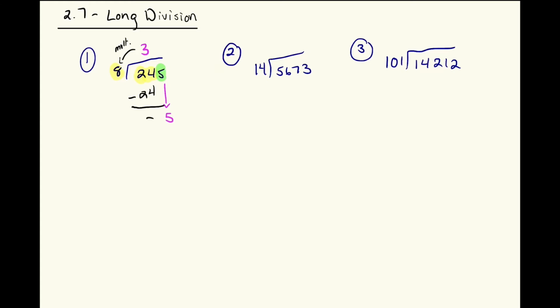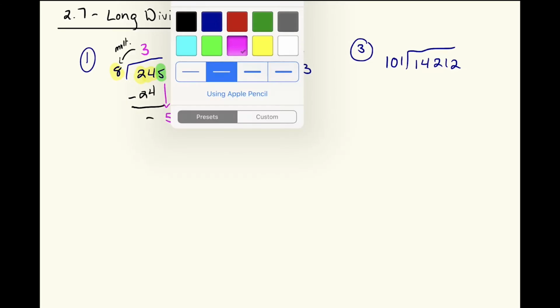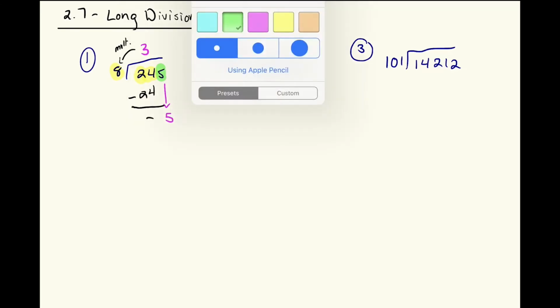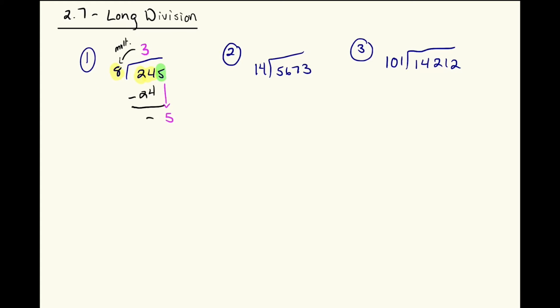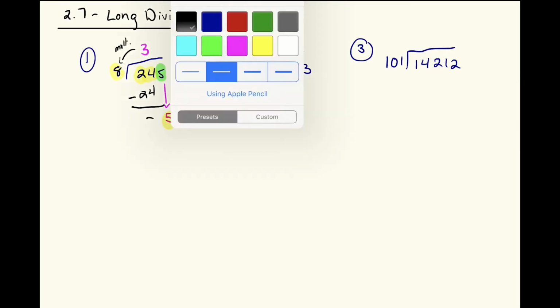Whereas before we looked at 8 going into 24, now I want to ask myself, can 8 go into 5? No, it can't. What do we do? Well, 8 can't go into 5, so we can say 8 goes into 5 0 times.